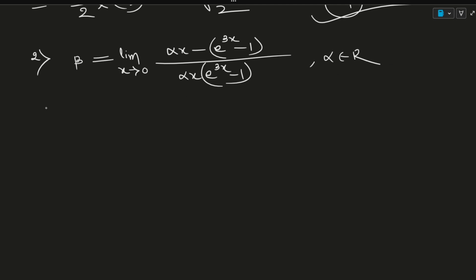Then the question is the value of alpha plus beta. So the question is this: given that the limit as x tends to 0 of this function is beta and alpha belongs to real numbers, he is asking for the value of alpha plus beta.